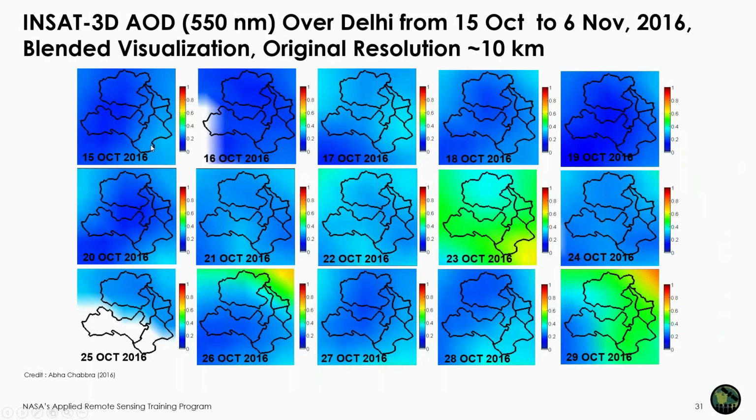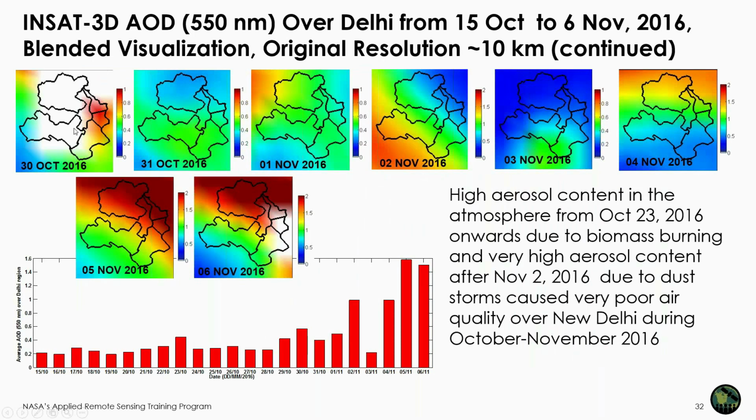Over the city, Delhi, and this is the boundary of the city, you can see high aerosol loading and how it progresses with time as the dust and the smoke arrives in Delhi.